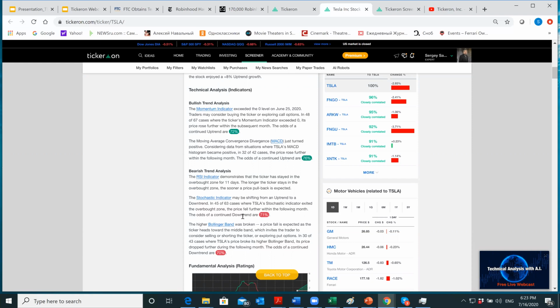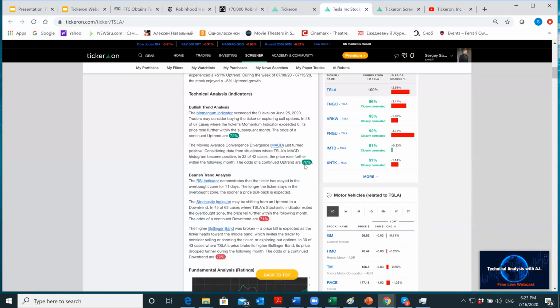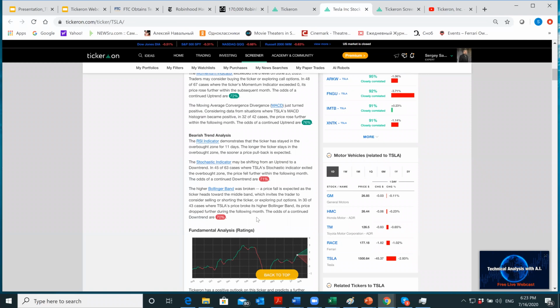Then Stochastic already left the oversold zone most likely, and it shows this, okay? And then typically people who get involved in technical analysis, they're going to say, oh, wow, look, momentum shows up, MACD shows up, Aroon shows up, and these guys show down. Yes, that's exactly the problem with technical analysis, okay?